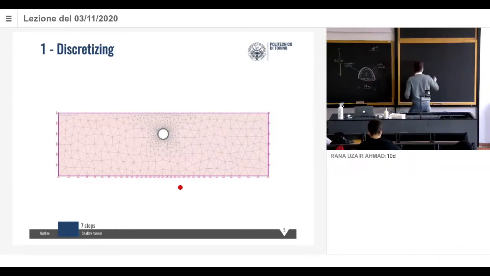Okay, so let's do that. Let me build the model. So this dimension, this dimension, this dimension, they are all 10 times this equivalent diameter, right?